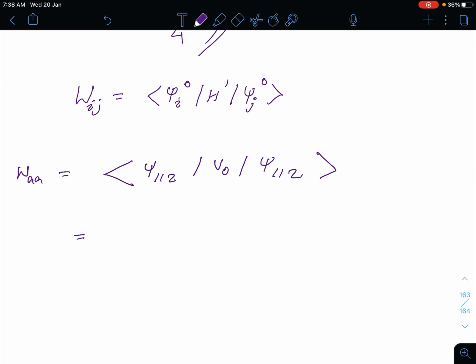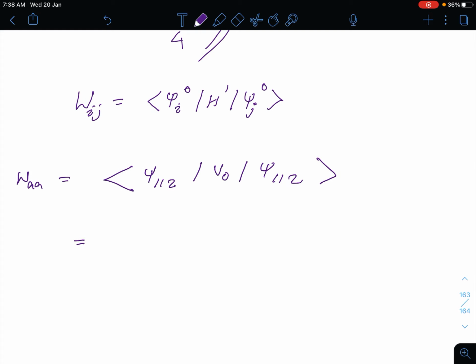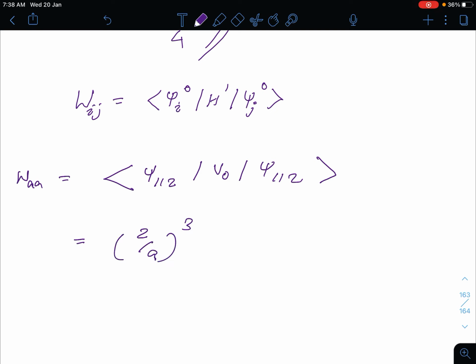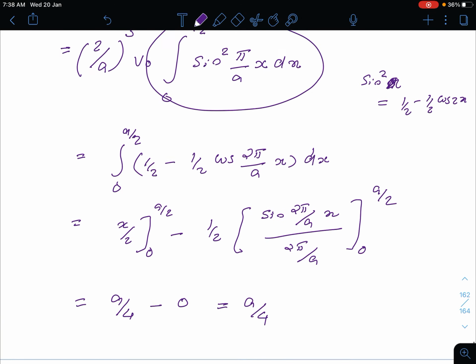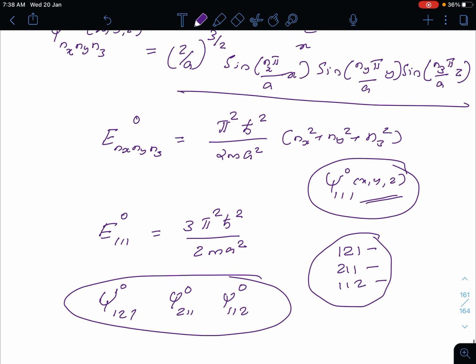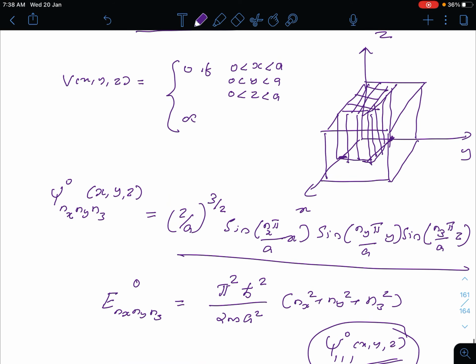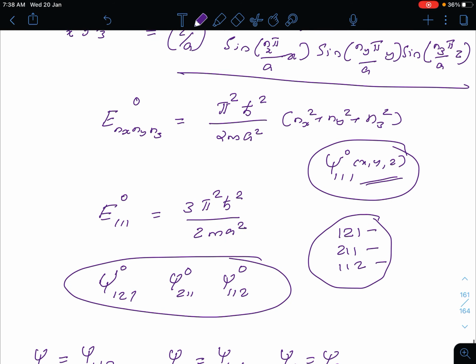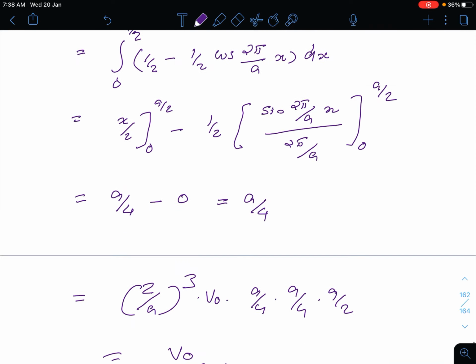Okay. Now that would give you 2 by a cube V0 integral 0 to a by 2. What was our psi function? Psi function is 1 nx, so 2 pi by a.